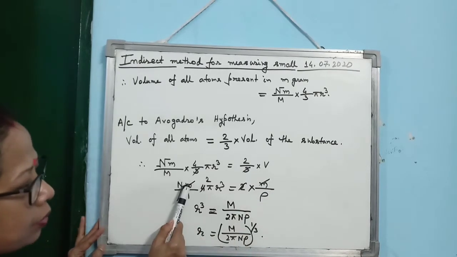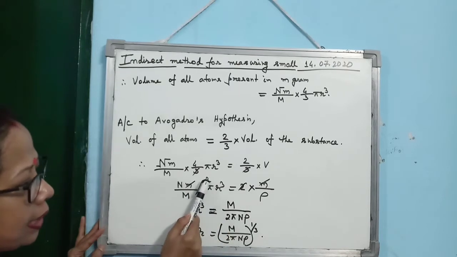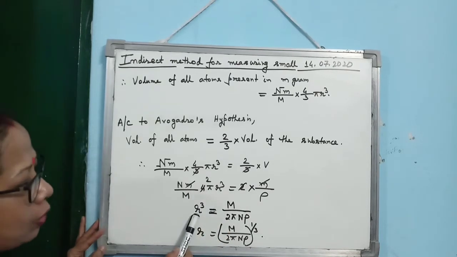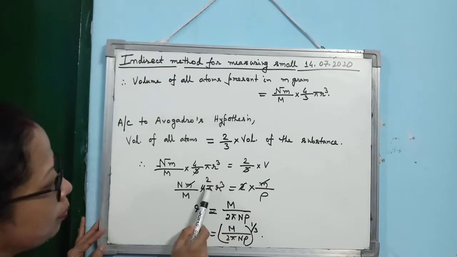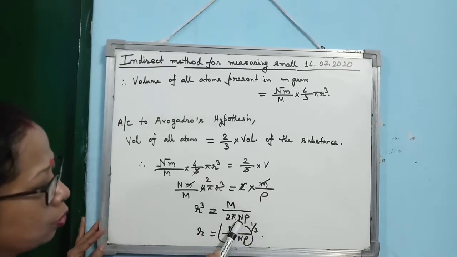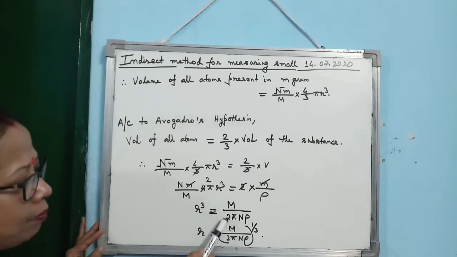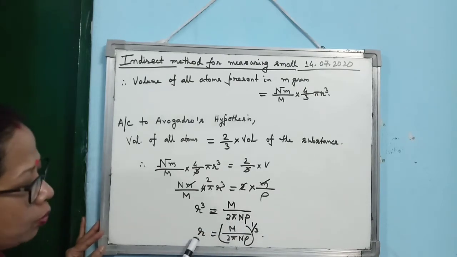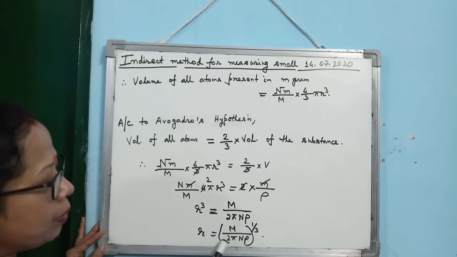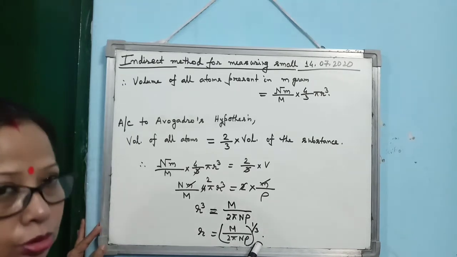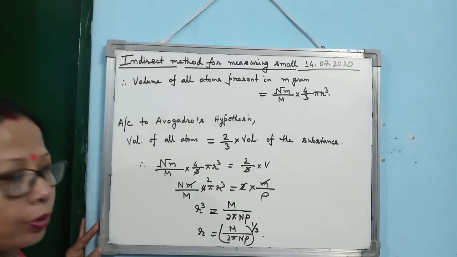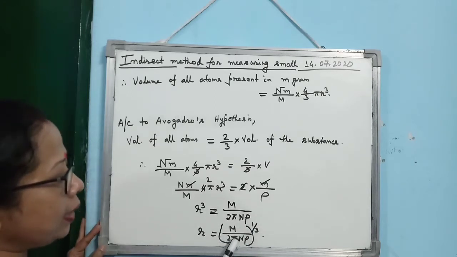So mass you can cancel, and 2 and 4 you can cancel, so here 2 will come. So what will be r cube? m will come here and then it is 2 pi N into rho. So r cube is M by 2 pi N rho. So r equals M by 2 pi N rho whole to the power 1/3, meaning cube root. So cube root of M by 2 pi N rho.